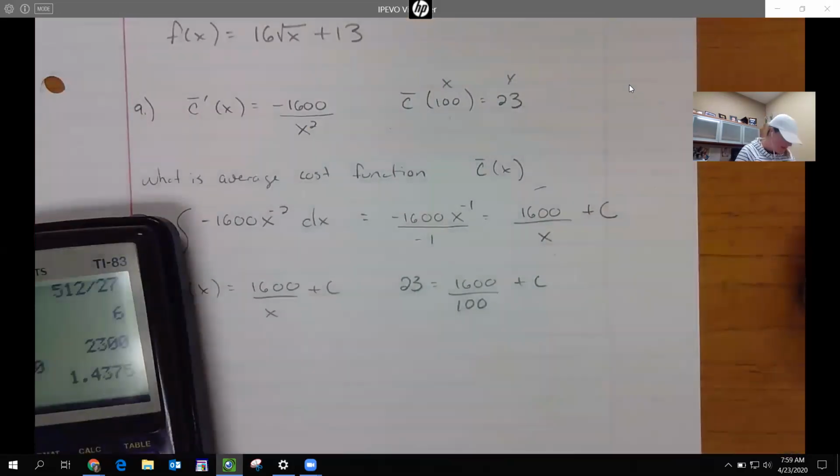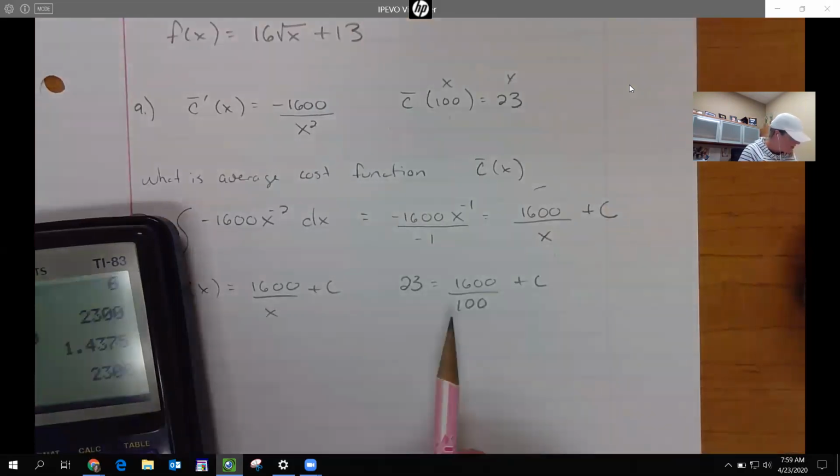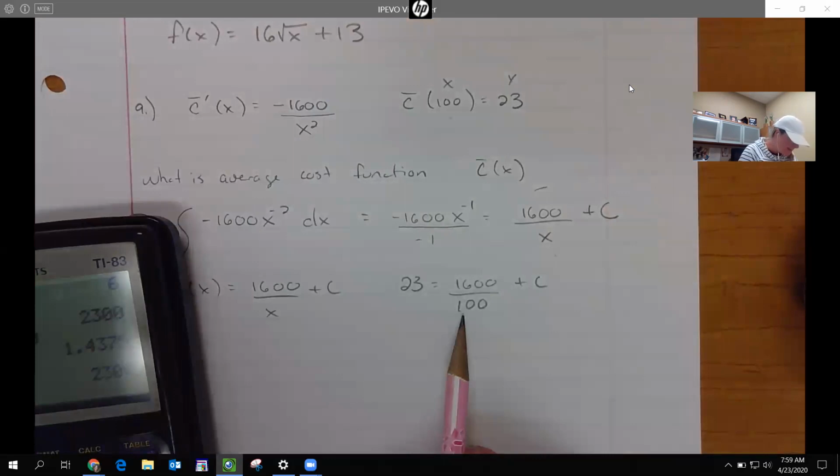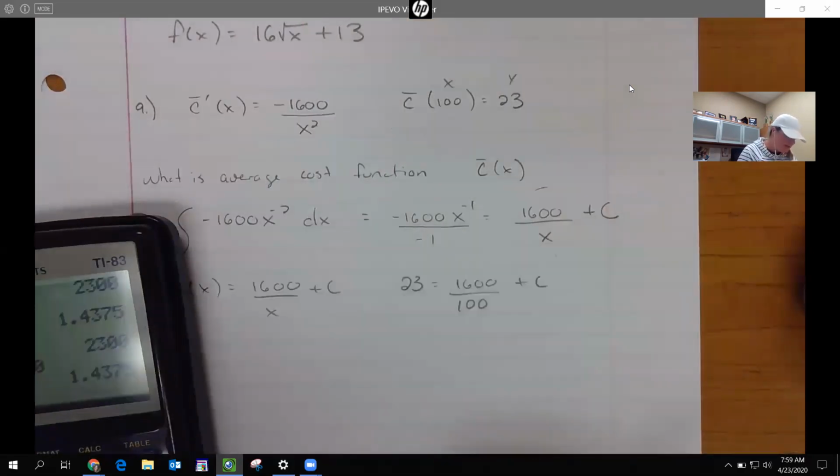We get a decimal. So 23 times 100 is 2300, and then divide that by 1600. And I didn't change those, did I? Did I write them back in the same? X is 100. Why did I get such a pretty number when I did it?